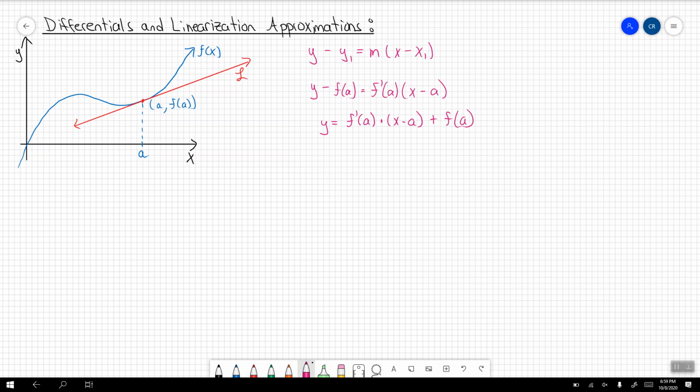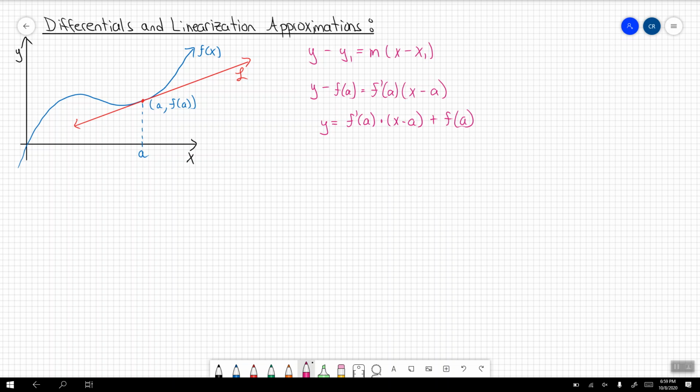This is the equation of the tangent line, but more specifically, this equation of the tangent line is going to approximate this function near the value of a.